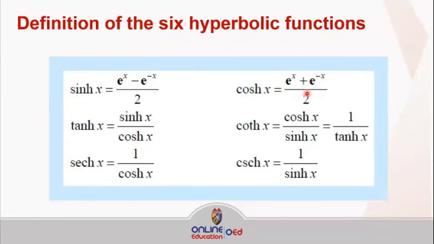And for the cosine naman, cosh x is equal to e raised to x plus e raised to negative x, over 2. So, kung mapapansin nyo, halos same lang yung formula nito, ni sine tsaka ni cosine. Ang pinagkaiba lang nila is dito is minus, and for the cosine is we have yung plus. And for the cotangent naman, coth x, we have the cosh x over the sinh x, or equivalent lang siya sa 1 over the tanh x.